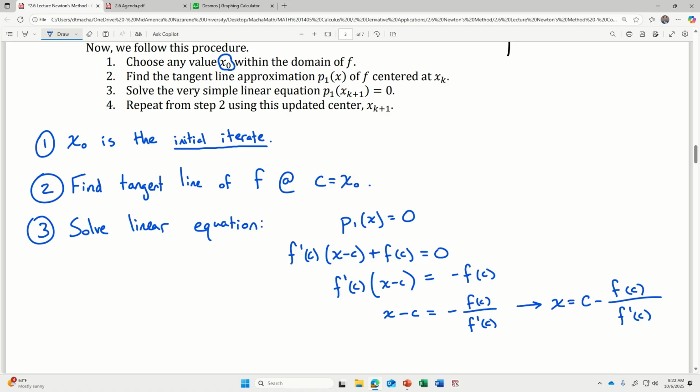So what I just wrote down, I'll put a little box around it. This is a formula for finding a 0, not of f, but for finding a 0 of the tangent line approximation, a 0 of P1.